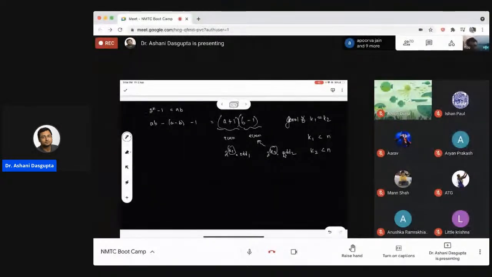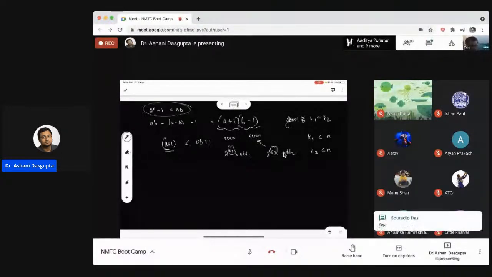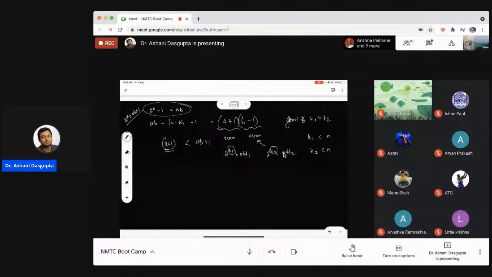Yeah, it's kind of easy as well, right? A plus 1, this one is certainly less than ab plus 1. 2 to the power n is just ab plus 1. So a plus 1 is less than that, and b minus 1 is certainly less than that.